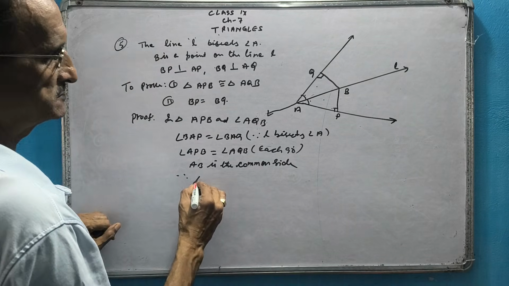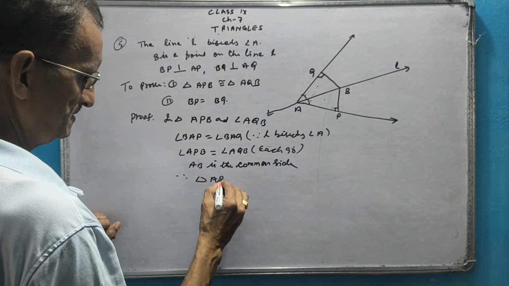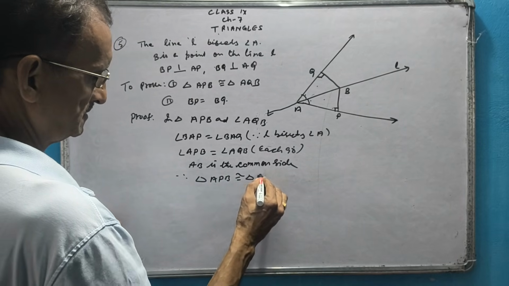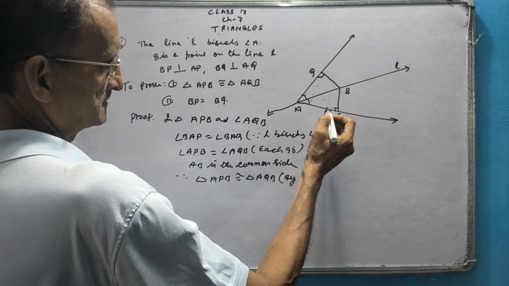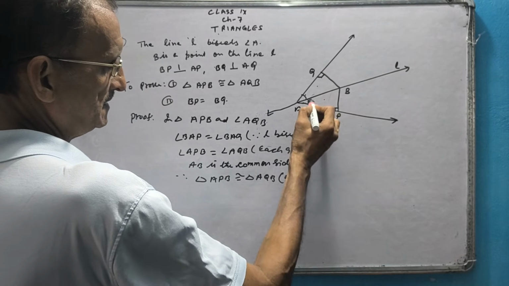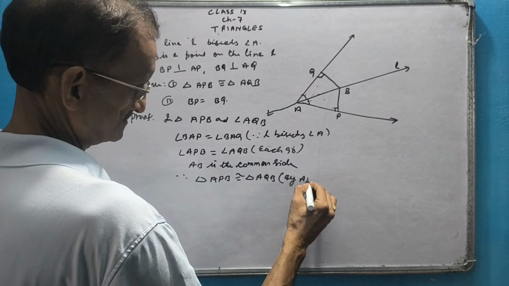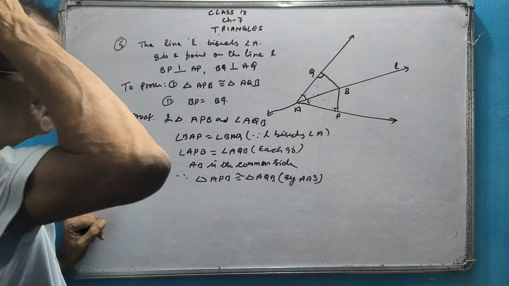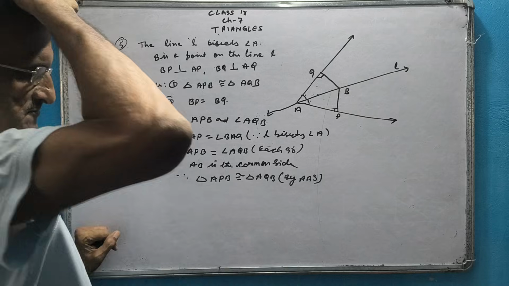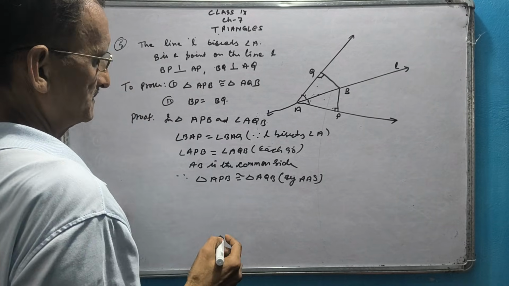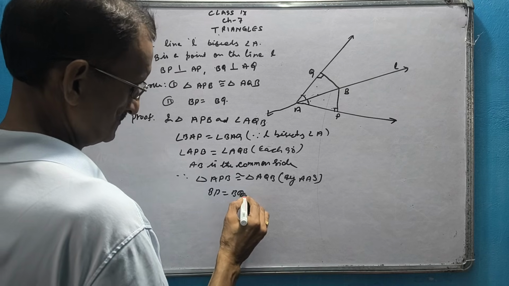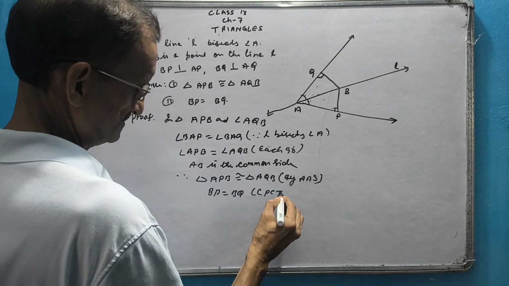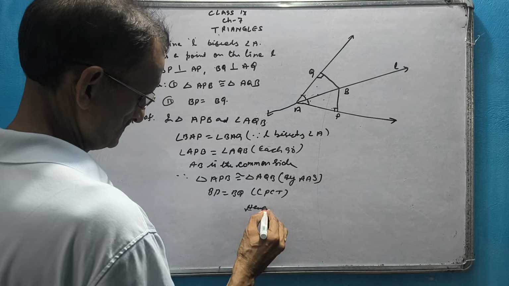Therefore, triangle APB will be congruent to triangle AQB by AAS, which is equivalent to ASA, so we can use it. Therefore BP equal to BQ, by CPCT. Hence we have proved.